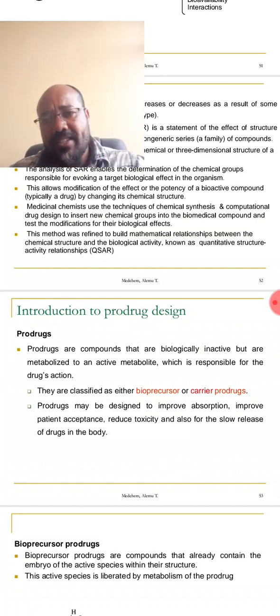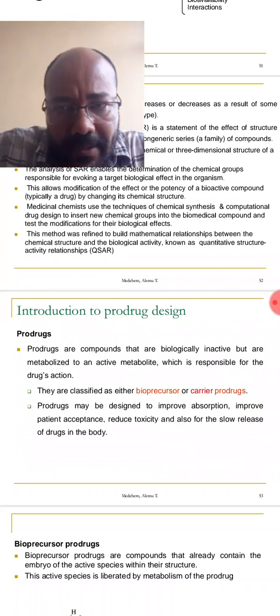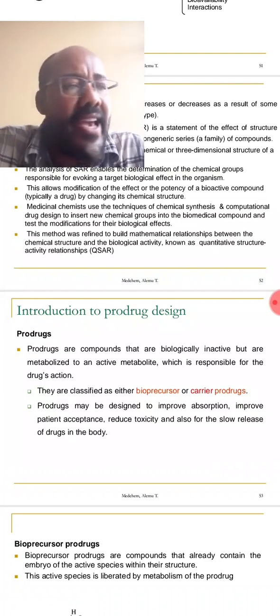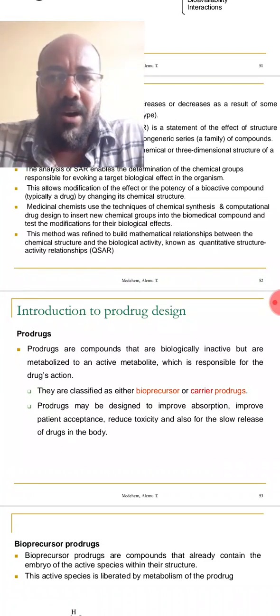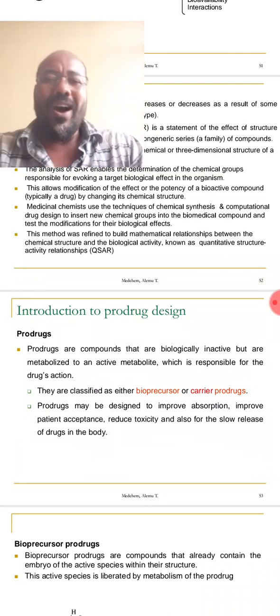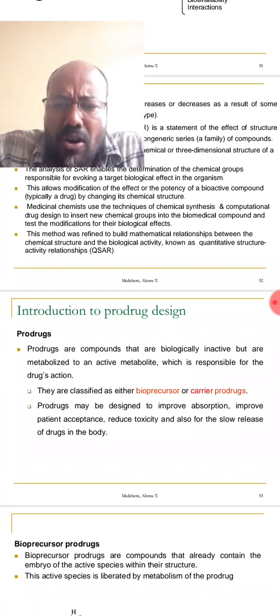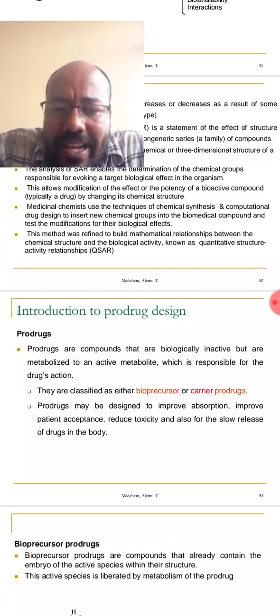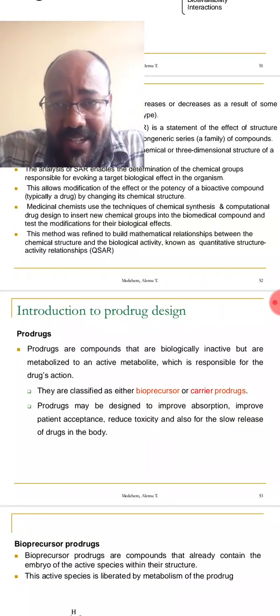The two broad classifications of these prodrugs are the following: bioprecursor prodrugs and carrier prodrugs. What is the difference between the two? Bioprecursor prodrugs are compounds that already contain the embryo of the active species in their structure.